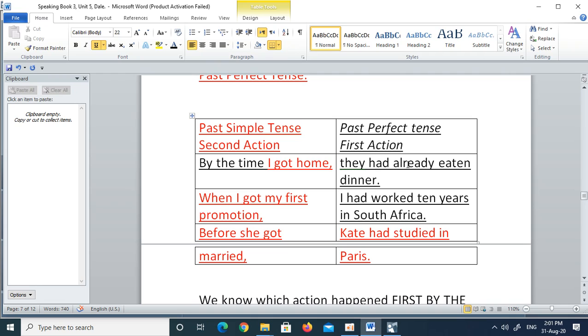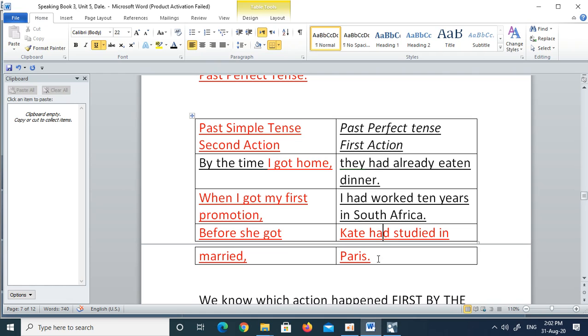We had already eaten dinner first. By the time I got my first promotion, that action took place second. I had worked 10 years in South Africa. Before she got married, that is the second action, Kate had studied in Paris. That is the first action.